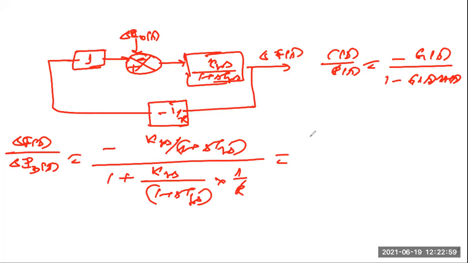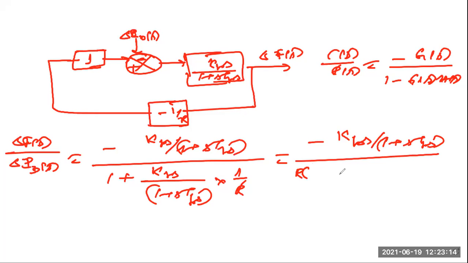So finally, we'll reduce it, minus KPS by 1 plus STPS, and this is R into 1 plus STPS plus KPS, divided by 1 plus STPS.